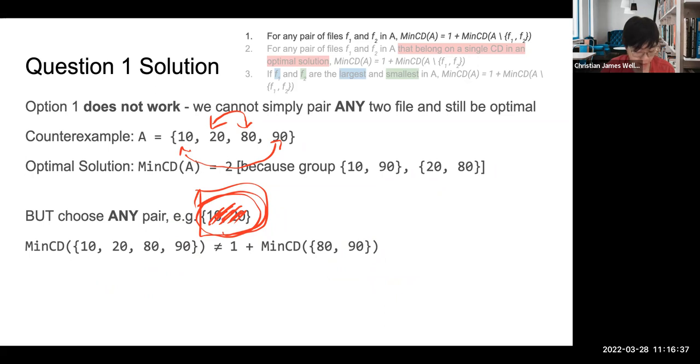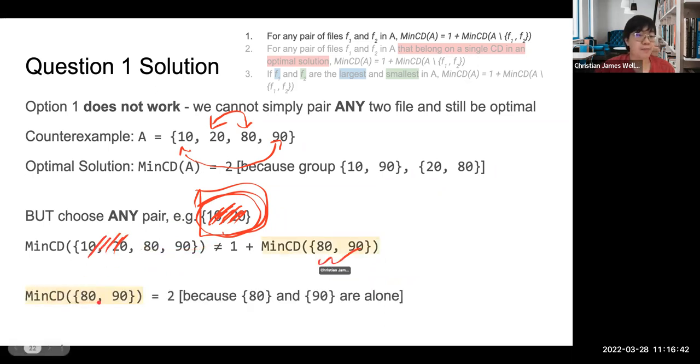I take away 10 and 20 and then recurse on it. Because the minimum CD of 80 and 90 is 2. 80 and 90 are alone, you cannot pair them up together, and that's why clearly this approach does not work.